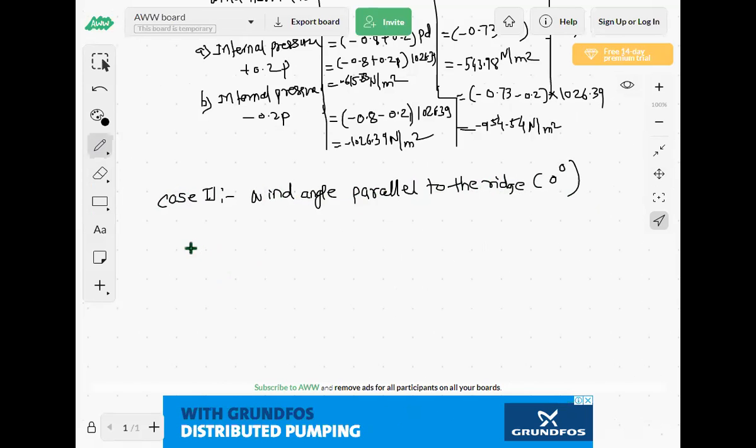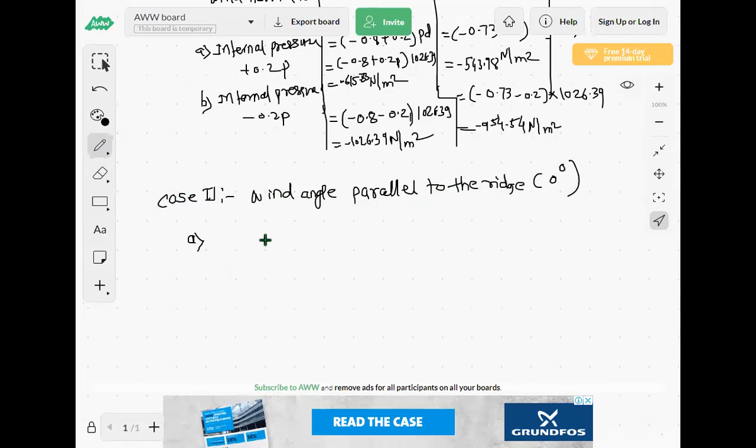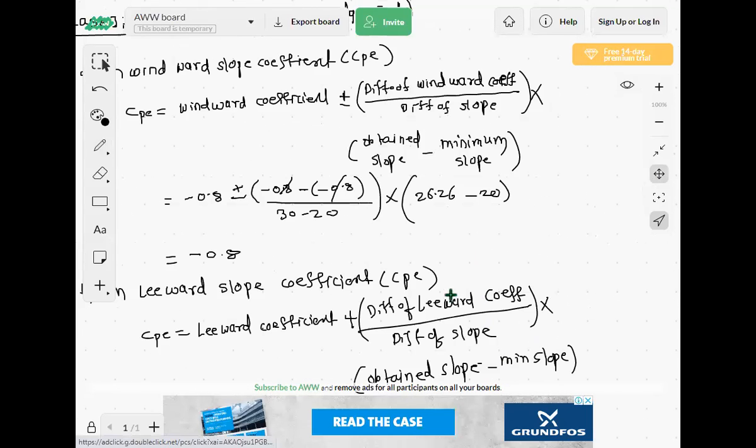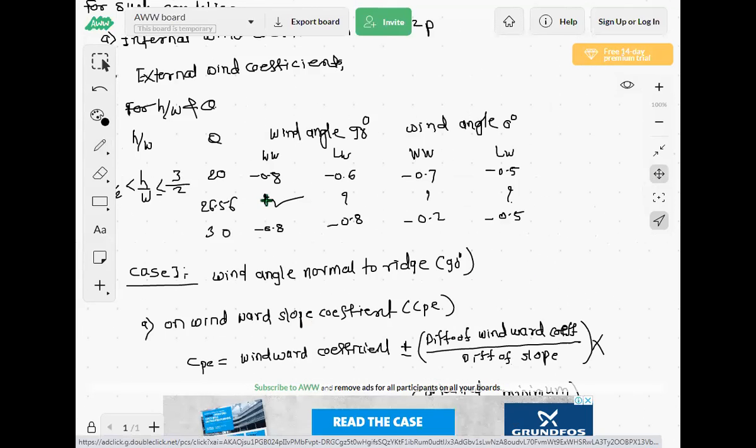Now same we have to calculate. Same coefficients, windward and leeward coefficients we have to calculate. See here. Now these two question marks we have to find, and from these two we calculate the combined pressure.